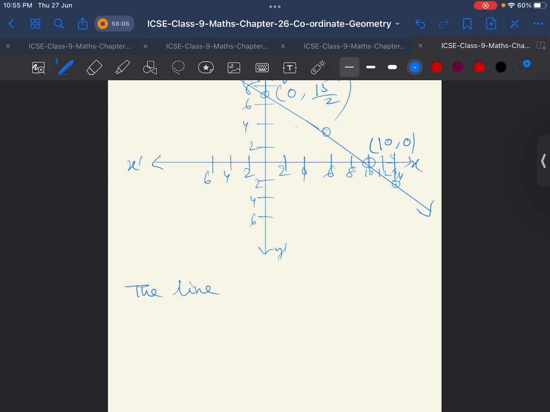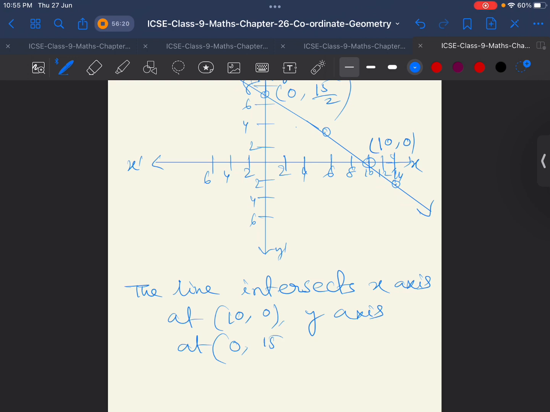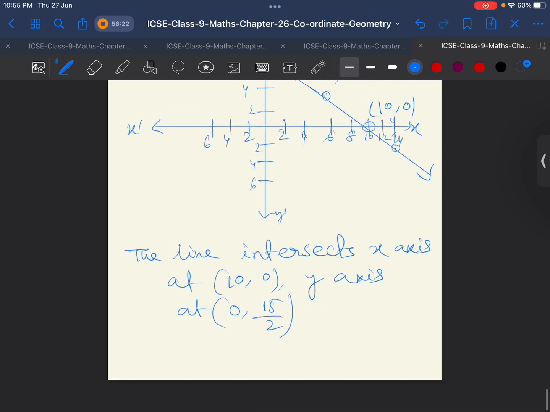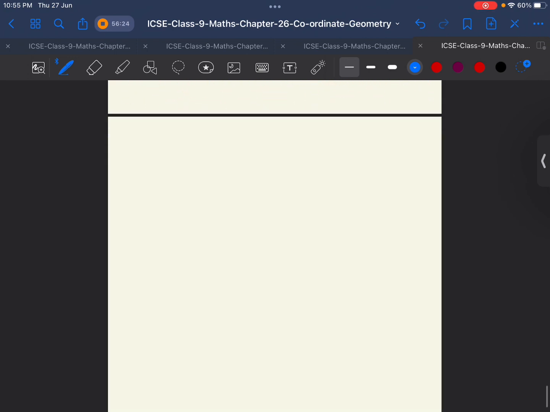So the line intersects the x-axis at (10, 0) and the y-axis at (0, 15/2).